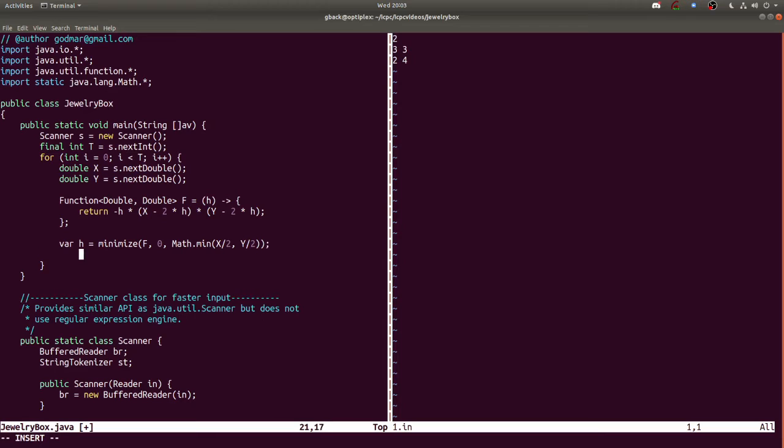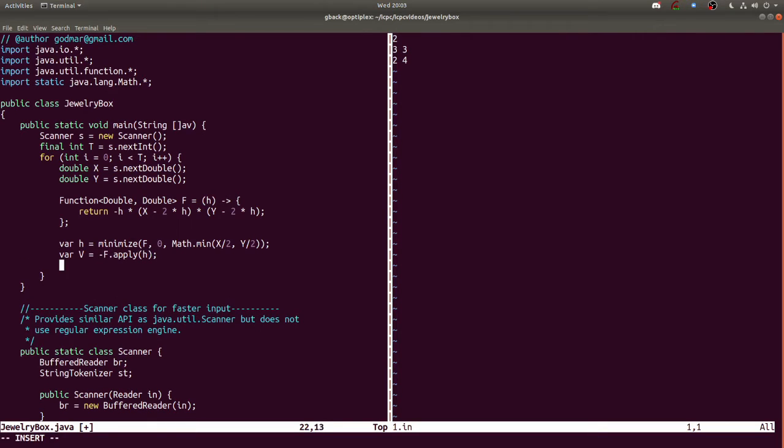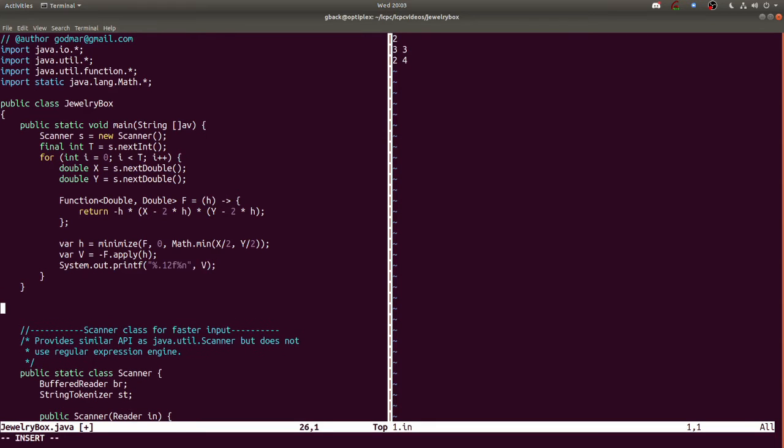And then our output is the volume, where we apply this function at h. And since we negated the function, we need to take the negative of that. And this is what the problem wants us to output. Okay. So now what's left to do is to write this function called minimize.